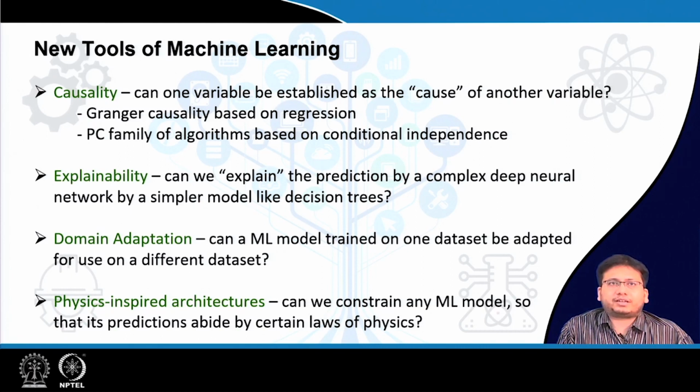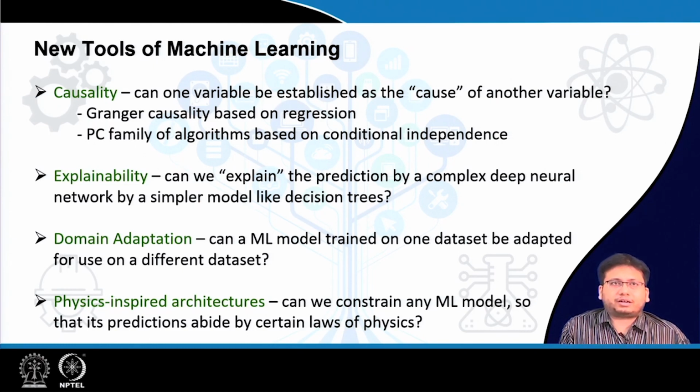We have already discussed the Granger causality approach, and then there is also the concept of Pearl causality. There is a family of algorithms called the PC family of algorithms, named after their founders. These algorithms are all based on the concept of conditional independence between different variables. So, that is about causality.